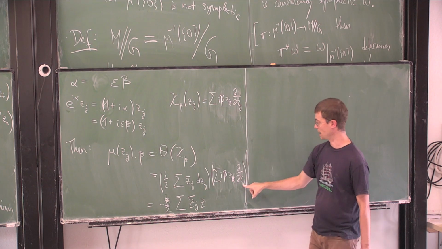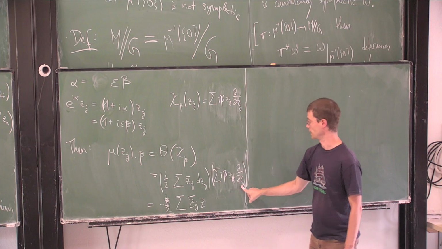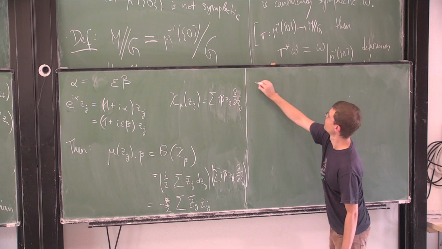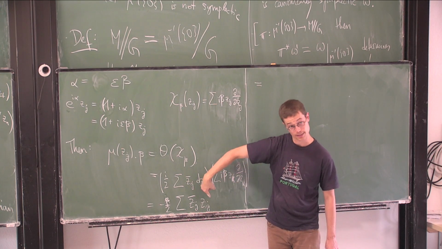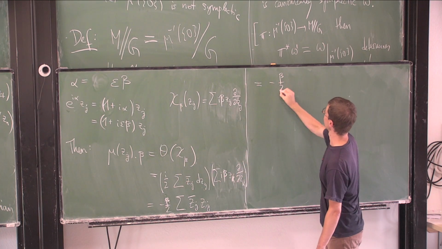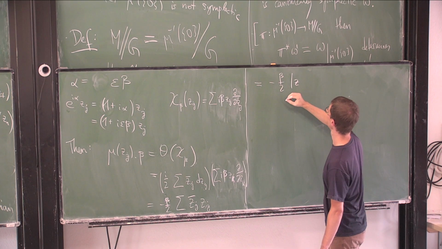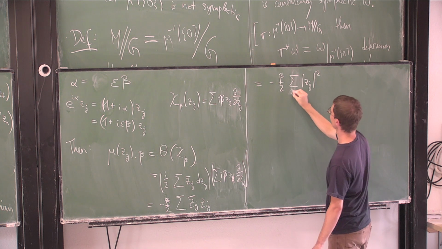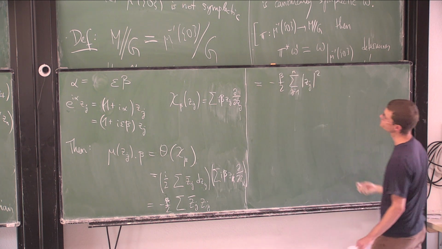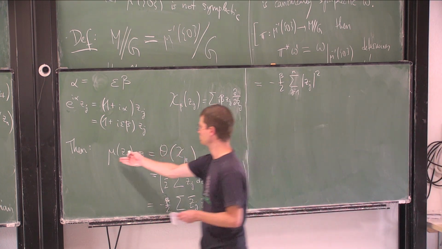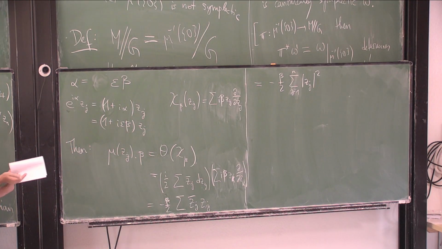So j with k gives you a delta function, so you get just j. And now the sum z_j bar z_j is just the norm. It's minus beta over 2 times the sum of the norms, if you want.